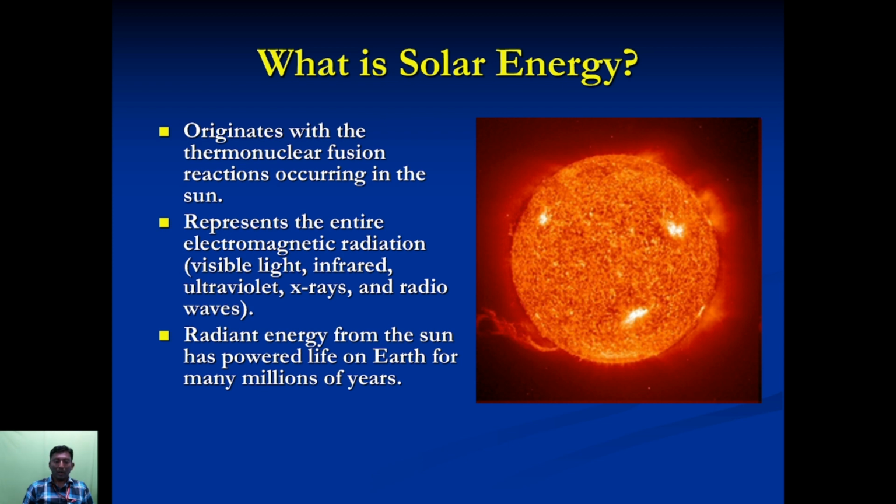This electromagnetic radiation consists of visible light, infrared and ultraviolet, X-rays and radio waves. This radiated energy from the sun has powered the earth for many millions of years, and this is the ultimate source for all the fuels and all the energy resources that are available on the planet.